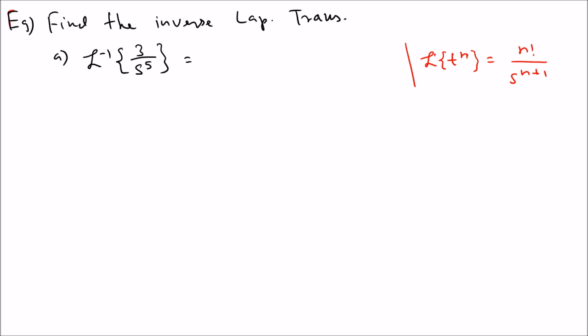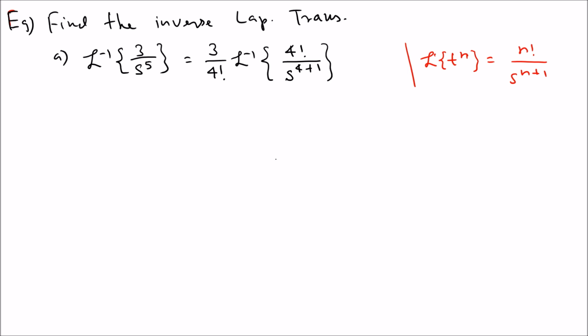So this is very similar to this one. In this case, n is simply 4. So if n is 4, we need 4 factorial, but we don't have 4 factorial here. So what we're going to do is write the top and bottom with factorial 4, and also pull the 3 out. So we can put 3 here, and then write this as factorial 4 over s to the 4 plus 1.